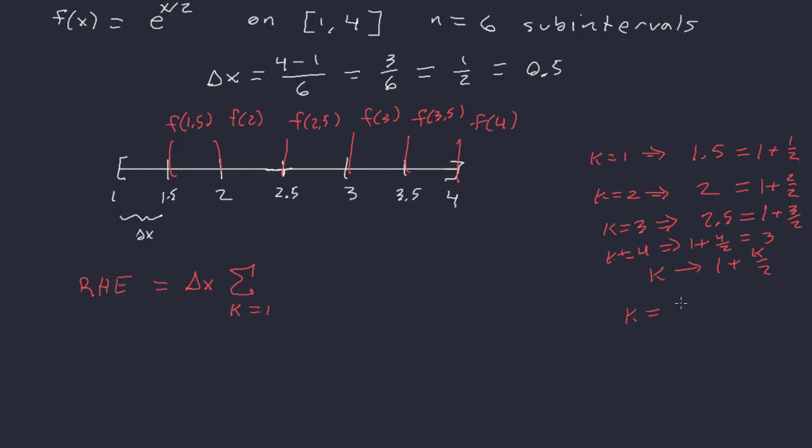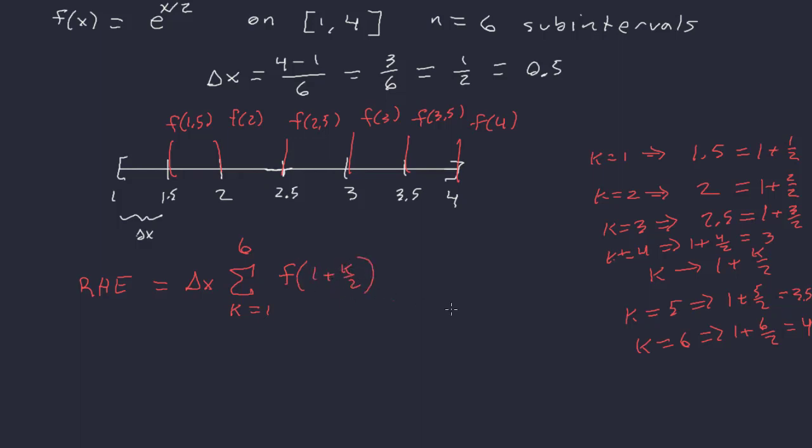When we plug in 5, we'll get 1 plus 5 halves, so that's 2.5, so that will give us 3.5. And then if we plug in k equals 6, we'll get 1 plus 6 halves, 1 plus 3, which is 4. So it looks like that is what we're looking for. K going from 1 to 6 of f of 1 plus k halves.